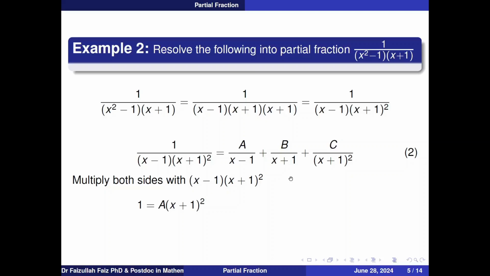In the second term, one x plus 1 will cancel, and we get b into x plus 1 into x minus 1. In the third term, when we multiply with the LCM, x plus 1 whole square will cancel with x plus 1 whole square, and we get c into x minus 1.